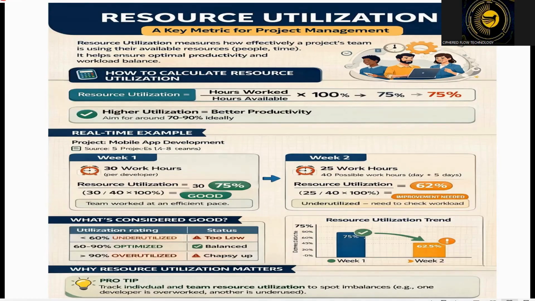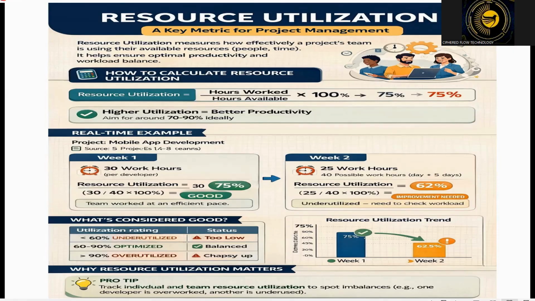Are they underworked or are they overworked? Ideal utilization in a particular organization is around 80%. Resource utilization is actual work hours divided by available work hours, and you take a percentage.